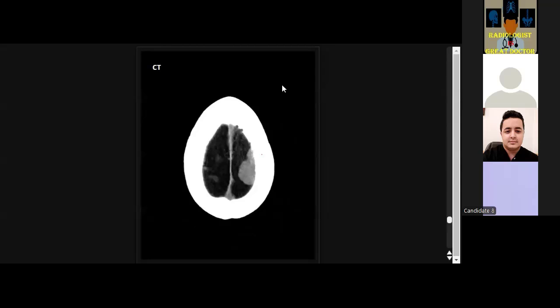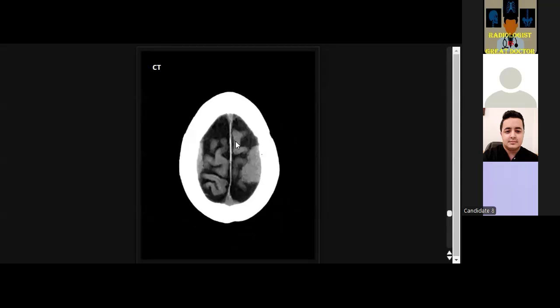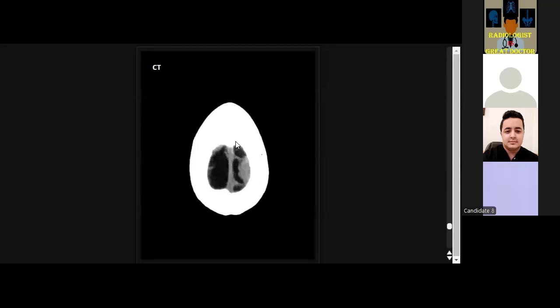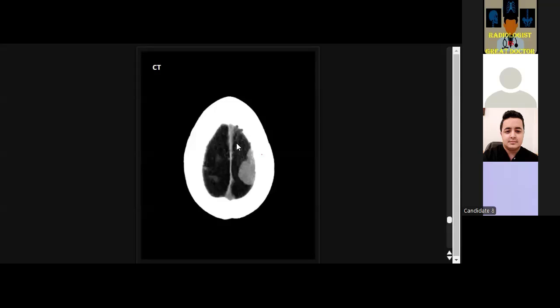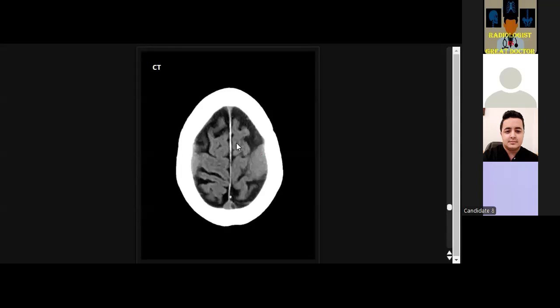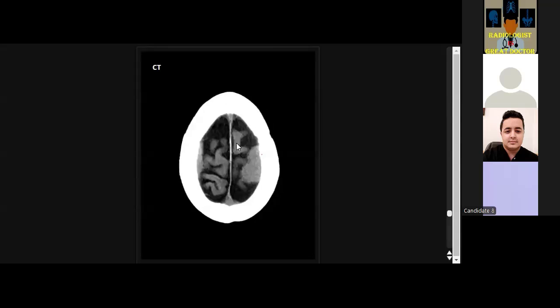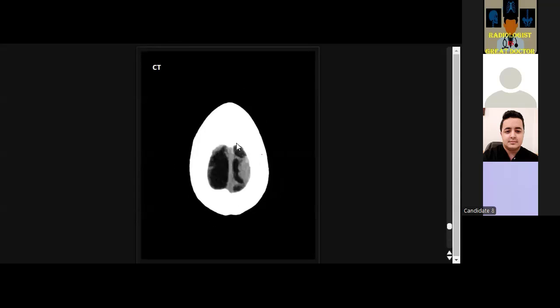In the exam, there is an extra-axial, broad-based mass lesion, which is located in the left high frontal lobe, with a broad-based dural attachment.